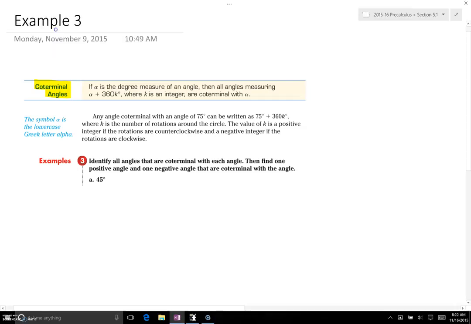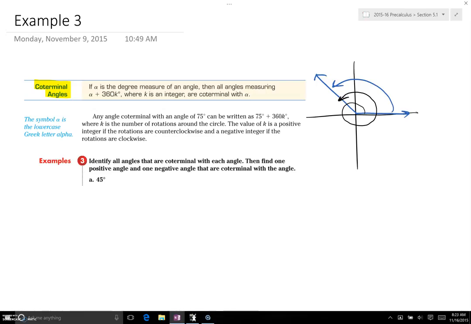So in this situation, a coterminal angle is an angle that potentially goes around the circle more than once and terminates somewhere. And so we can measure that angle more simply by just figuring out where the terminal side is and measuring just once instead of including all the times we went around a complete circle.